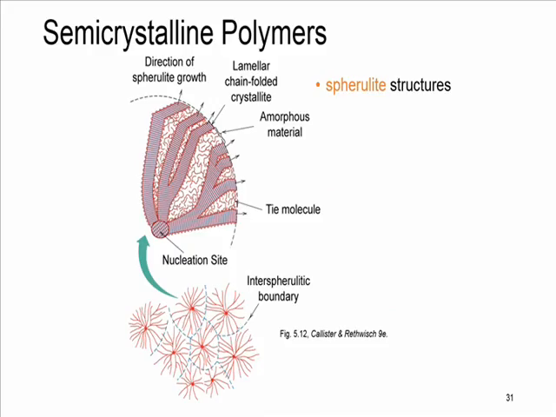Some bulk polymers that are crystallized from a melt are semi-crystalline, and they form a spherulite structure. They have alternating chain folded regions like these ones, and amorphous regions like these ones, as you can see here. Spherulite structure is for relatively rapid growth rate.